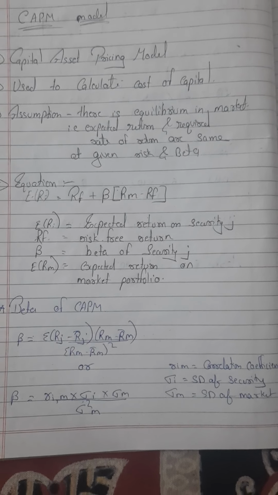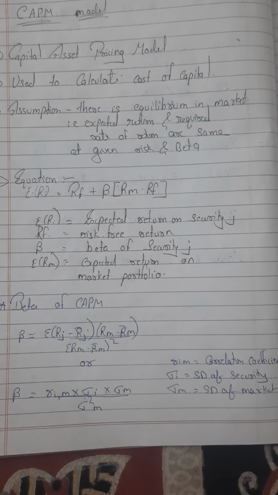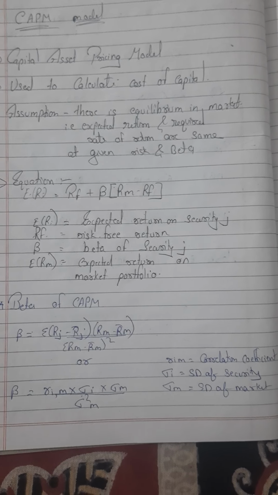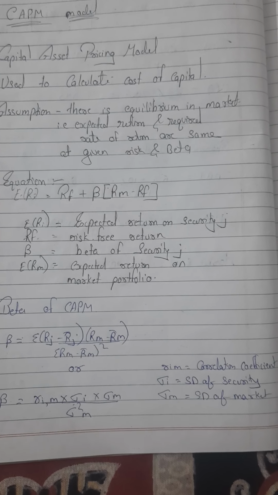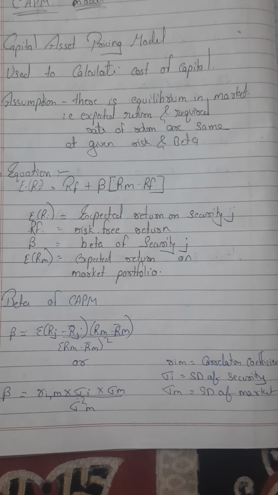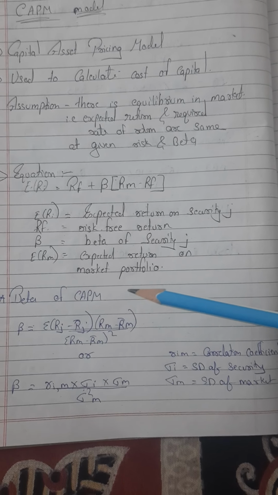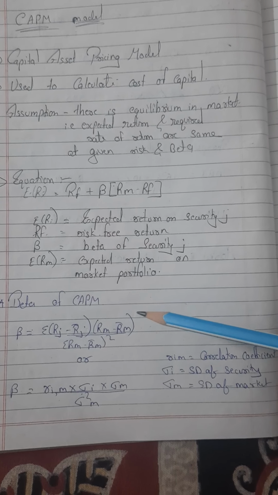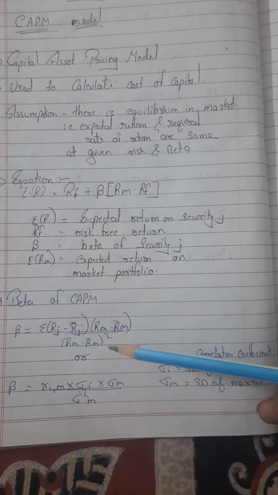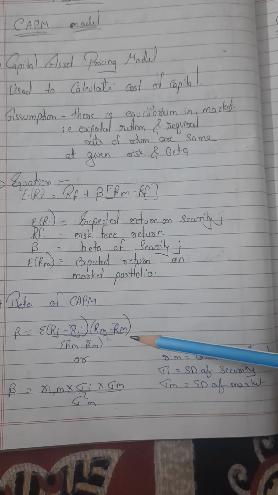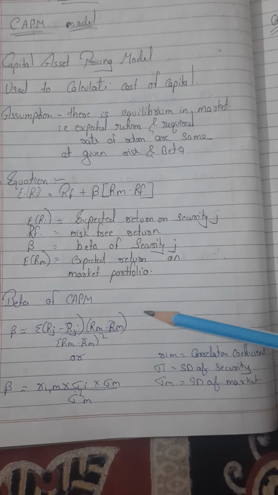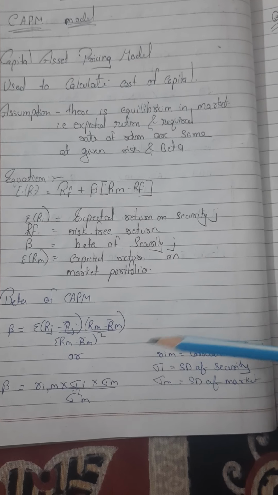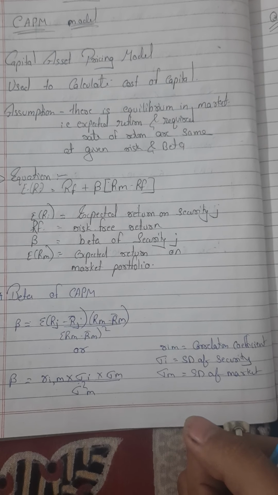To obtain the beta of CAPM, we can use either of the following formulas: sigma (RJ minus R bar) multiplied by (RM minus R bar M) divided by sigma (RM minus R bar M) squared, or covariance divided by variance.